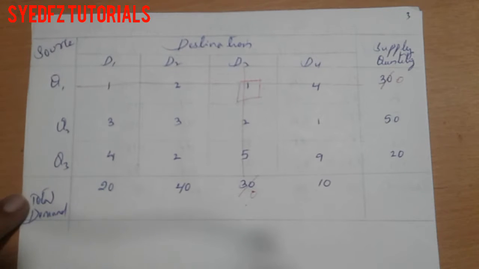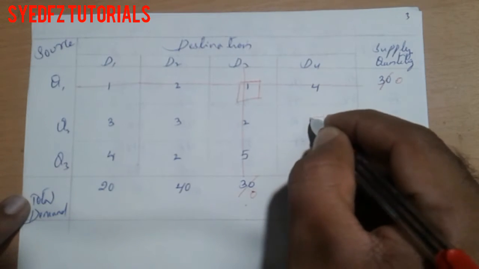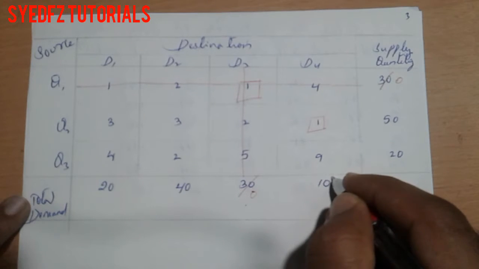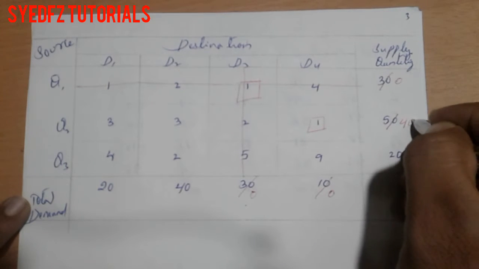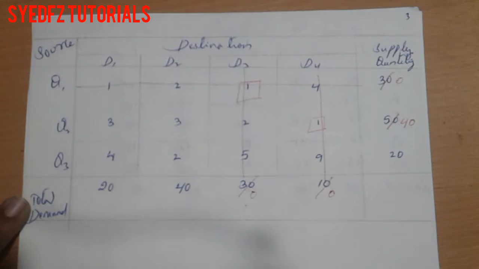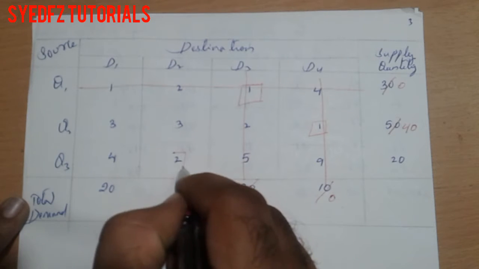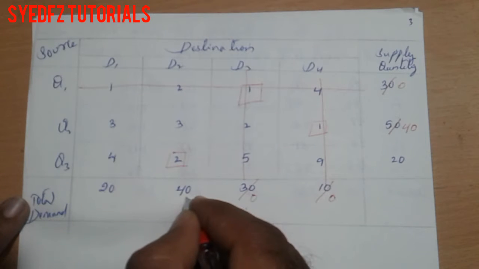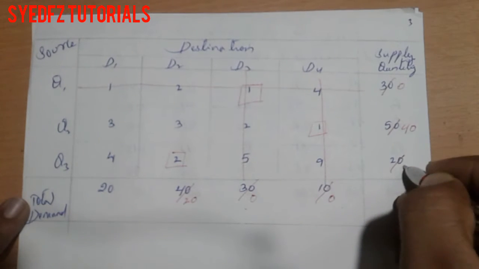For the next smallest, 1 is the next smallest. We can give 10 because the supply is 50. Now demand is 0, but supply is still there, so eliminate this column. Now 2 is the minimum. Demand is 40 and supply is 20, so only 20 we can give.